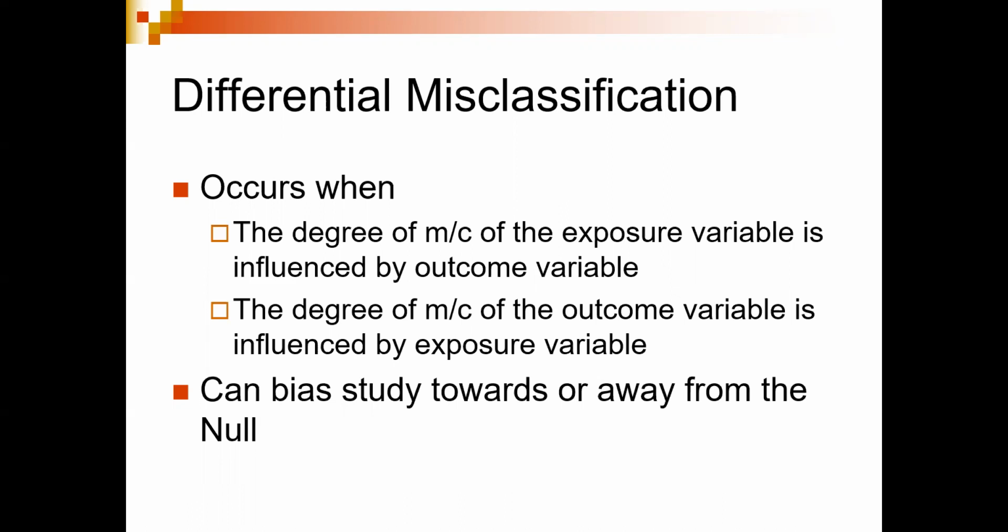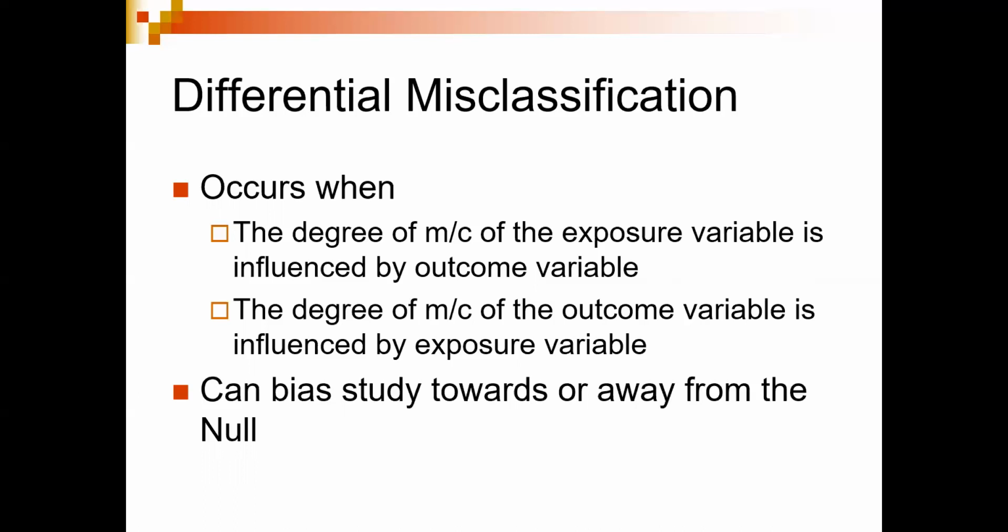And remember, this misclassification, or this error which happens, then affects your final results. With differential misclassification, where the exposure or the outcome is influenced by the other, you make that mistake, and the results, whatever you want to estimate, are biased towards or away from the null.